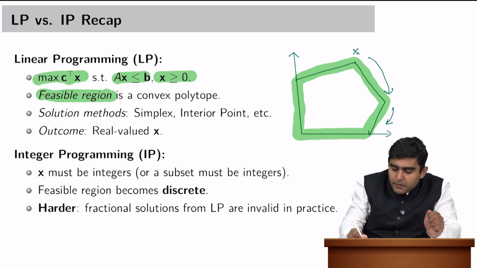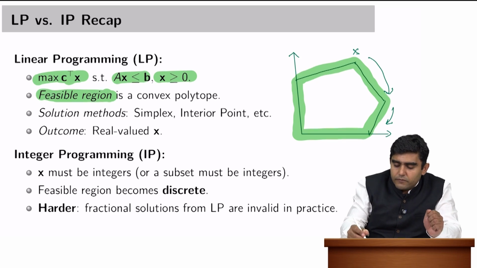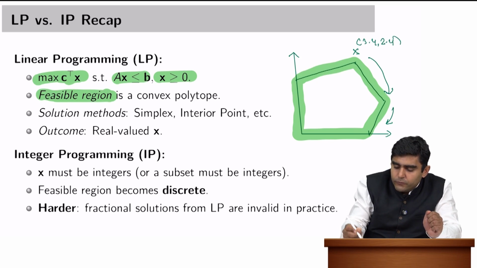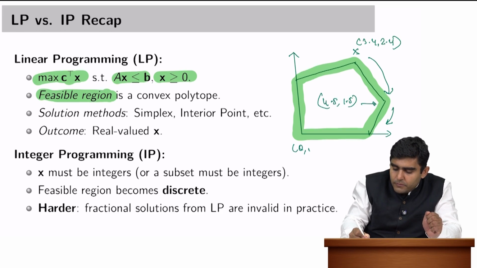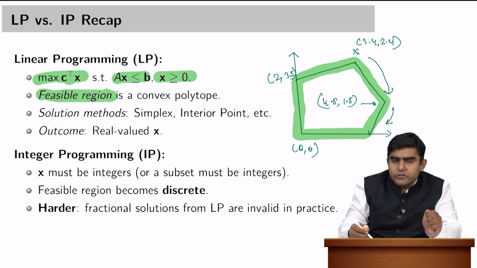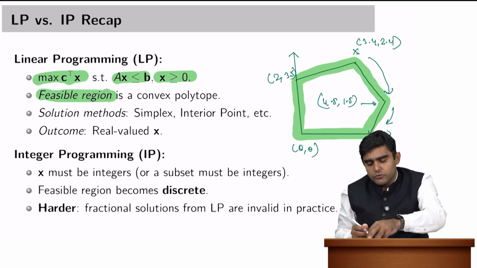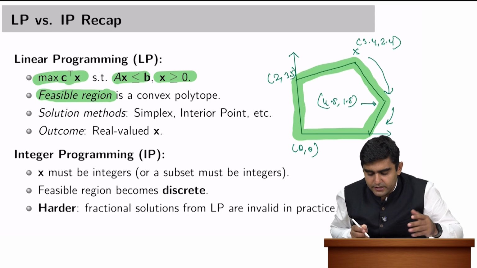Now, the extreme points of this convex polytope can be something like 3.4 comma 2.4. This point can be 4.5 comma 1.5. This point can be 0 comma 0. This point can be 2 comma 3.5 and so on. I have just written these values not to scale, so do not get confused about how one point is higher and so on.